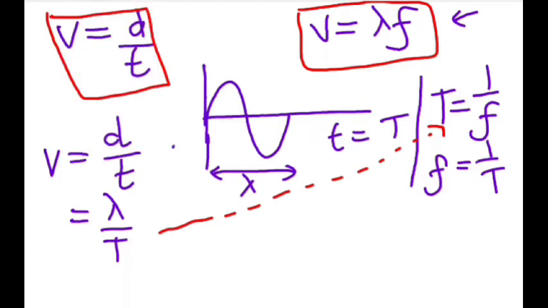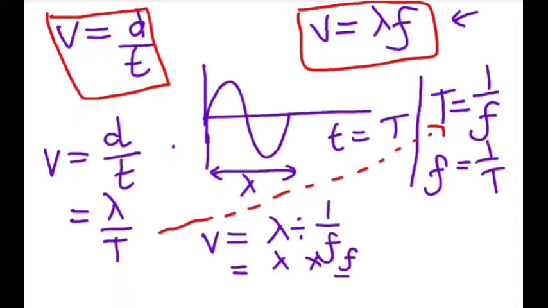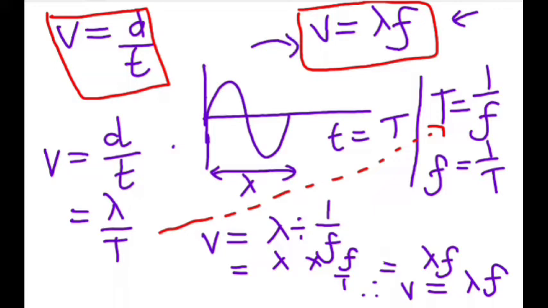So where there is big T, I might as well rewrite this equation and say lambda divided by 1 over f. In dividing fractions, we've learned in maths that you can change the division sign to multiplication and invert. So I'll remain with lambda times f over 1. This becomes lambda f. Therefore, now I can say V equals lambda f. So that is where this equation comes from. Just to give you a background.